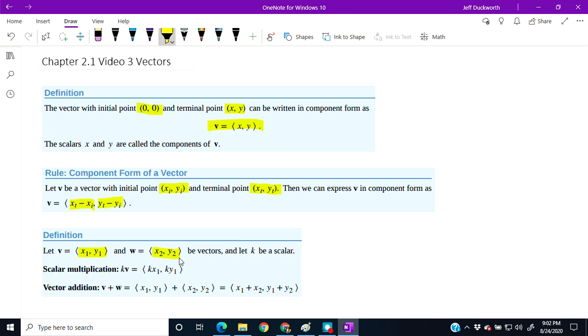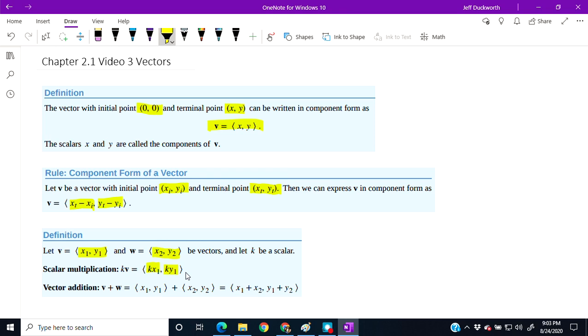They could be the same, they could be different. Scalar multiplication for some scalar k, we simply distribute that k into our vector. So k times the x value and k times the y value.